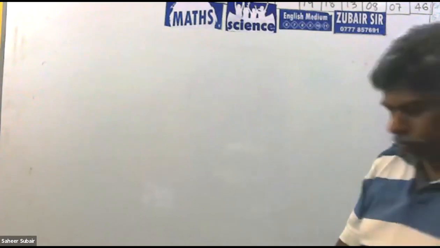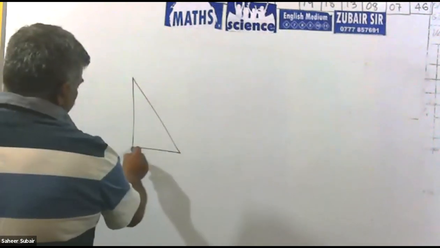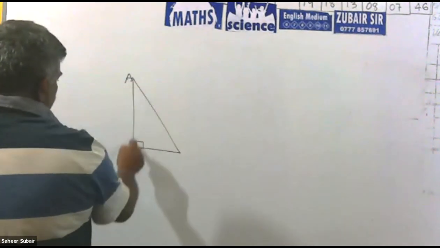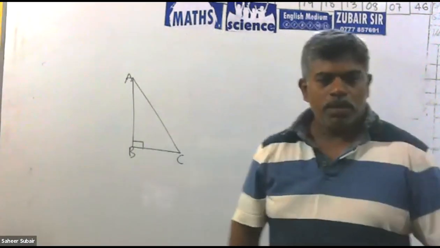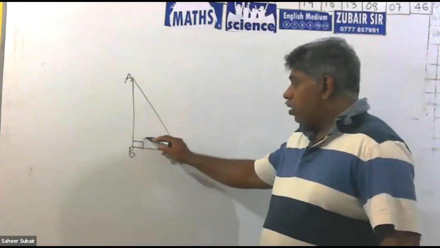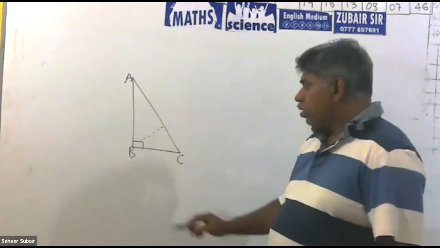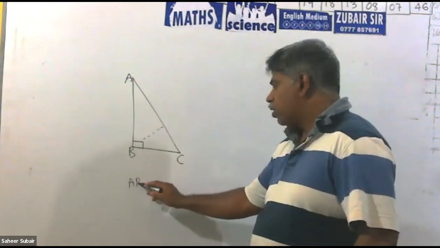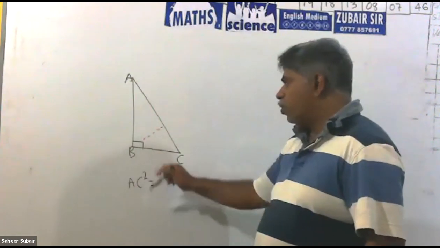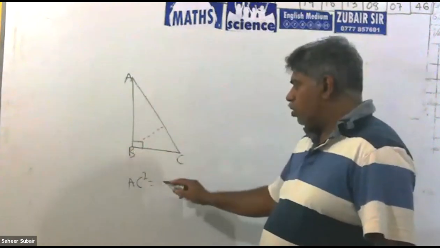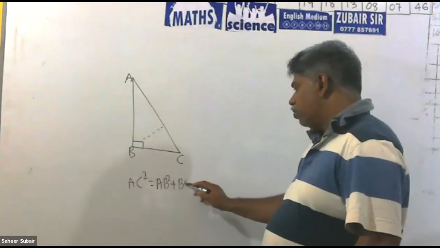In Pythagoras theorem, we have learned when there is a right angle triangle ABC, Pythagoras says the square of the hypotenuse, AC squared, is equal to this one squared plus this one squared: AB squared plus BC squared.